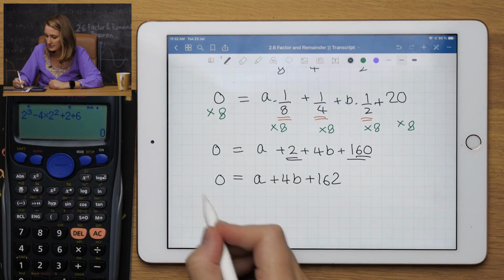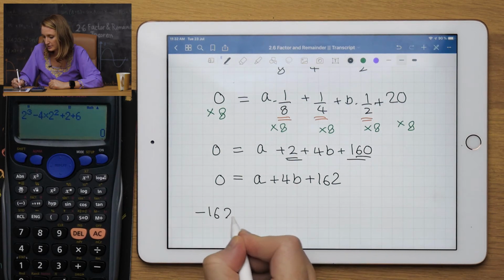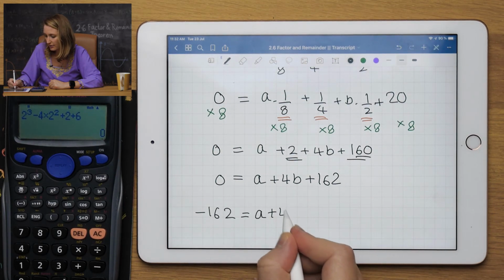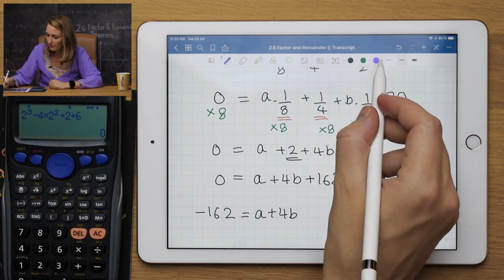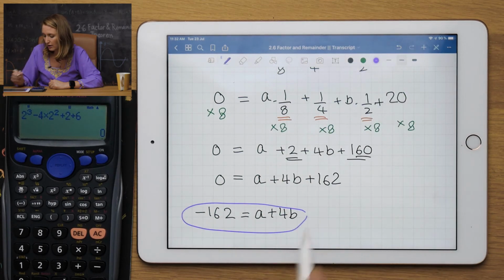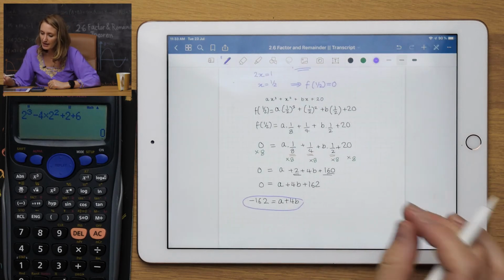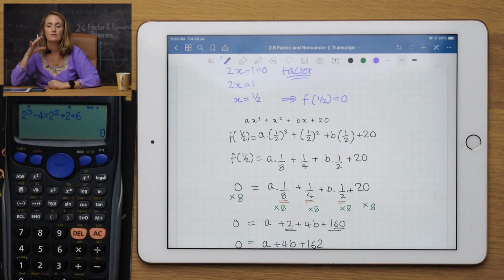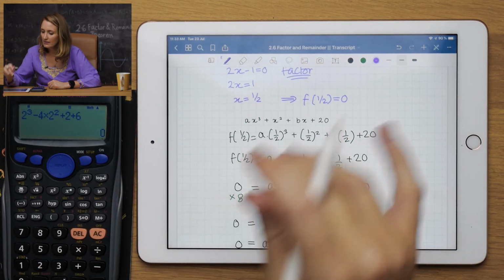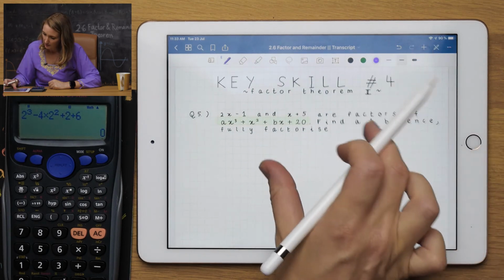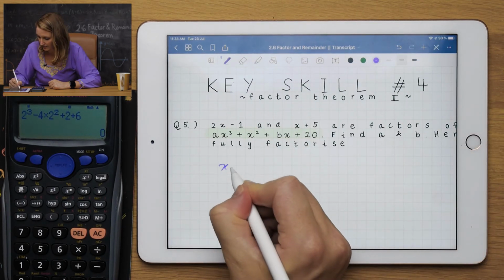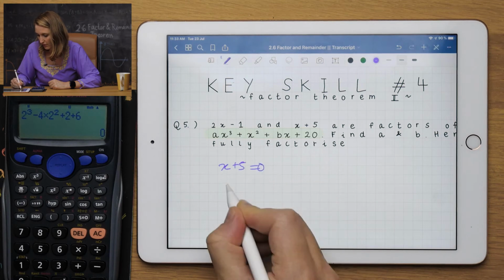And I move the 162 over here. Minus 162 is a plus 4b. That's going to be my first equation. I'm going to keep that safe and repeat the process for the second factor to get the second equation. The second factor is x plus 5, so x plus 5 equals 0.